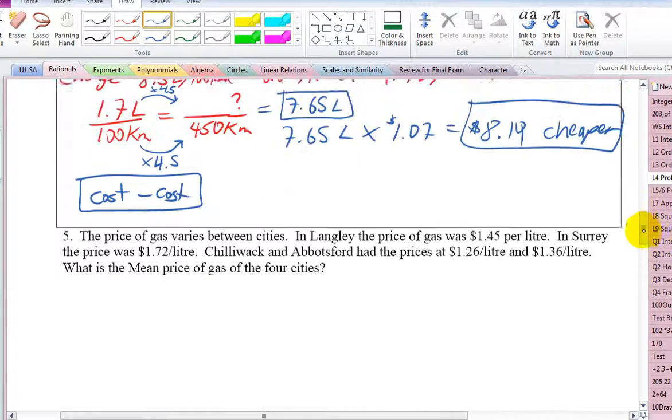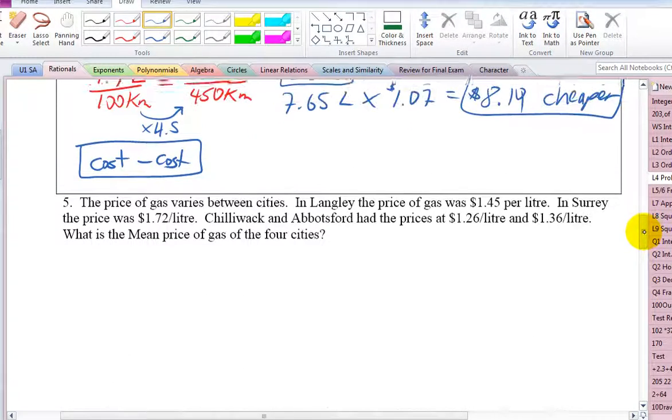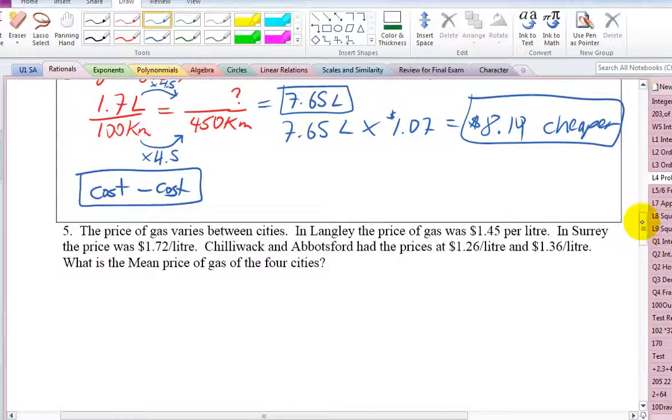Okay, so down here, I like that, cross multiply. Okay, so what we're looking at here is the mean. What does the mean mean? Average. So how we find the average is we find the total sum and divide it by the number of numbers.